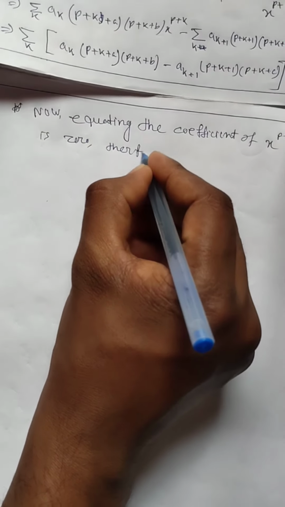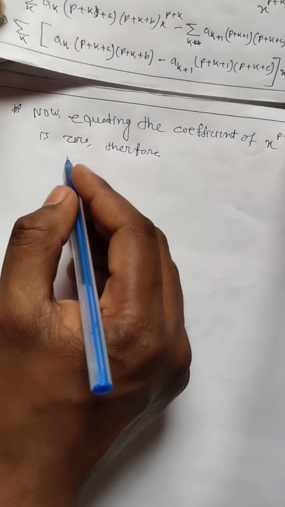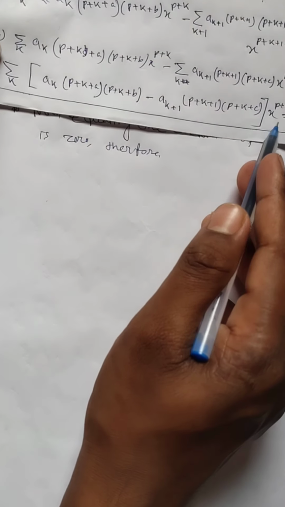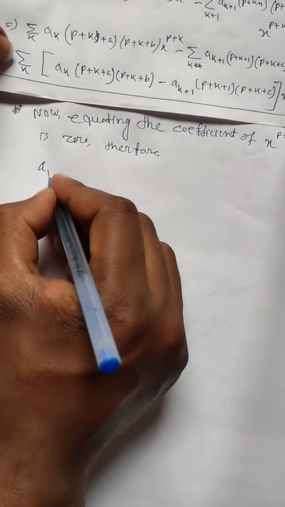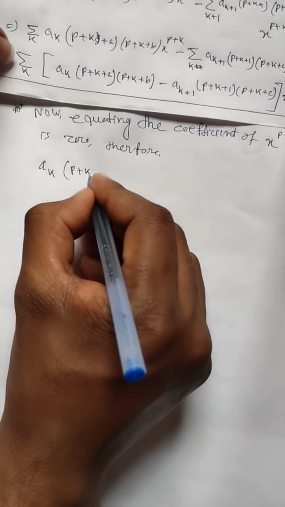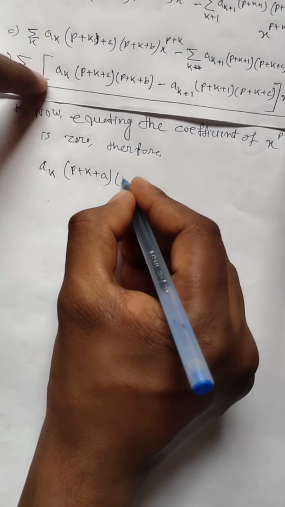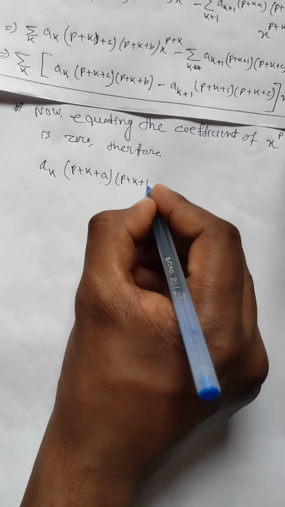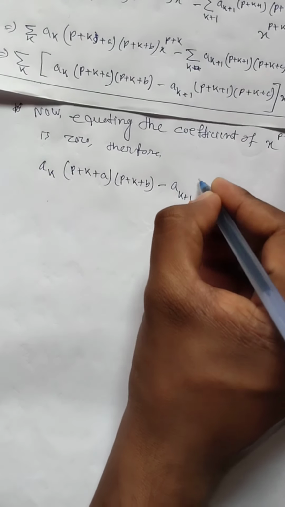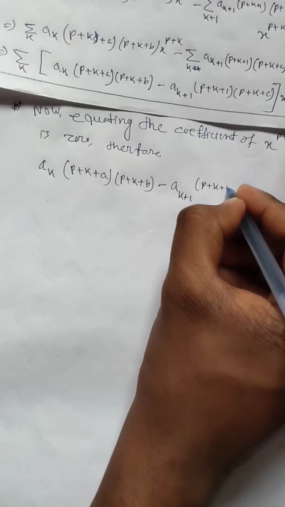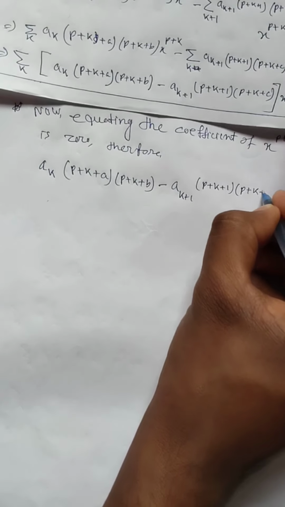Therefore here we take the coefficient of x to the power p plus k is 0, so a_k (p+k+a)(p+k+b) minus a_(k+1) (p+k+1)(p+k+c) is equal to 0.